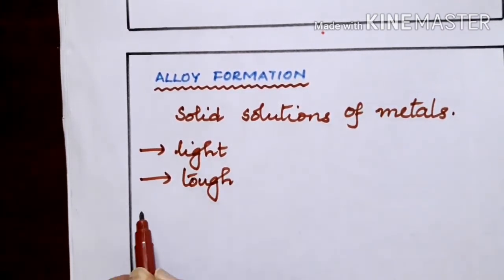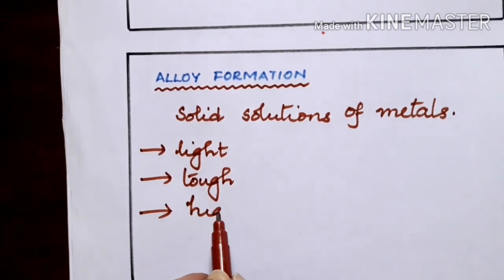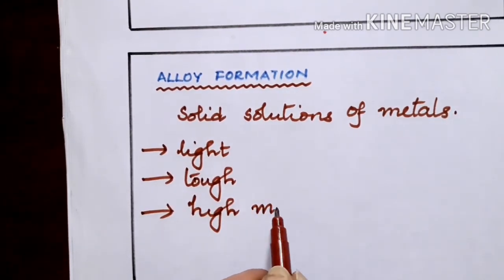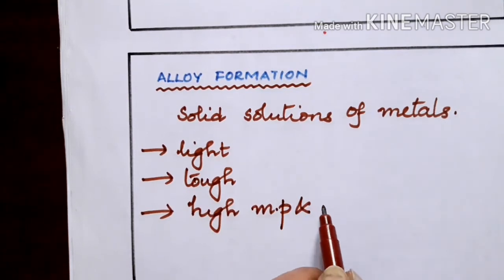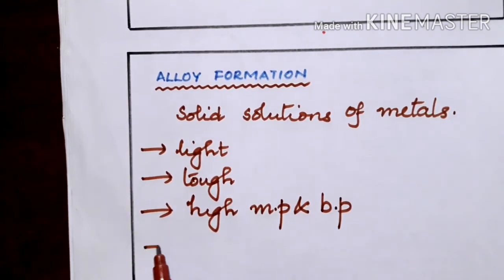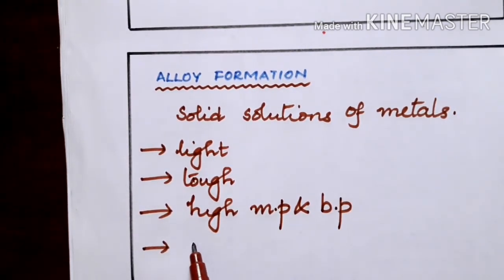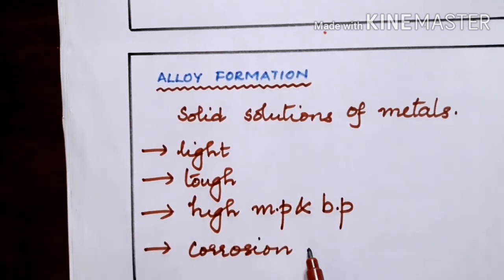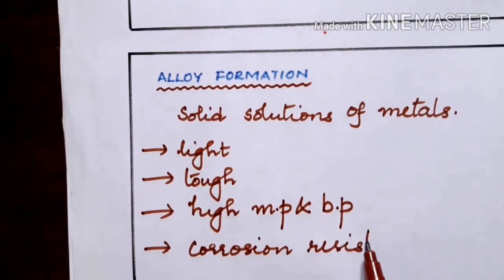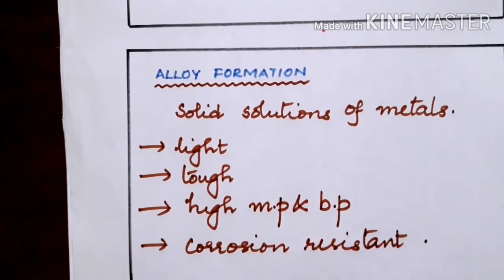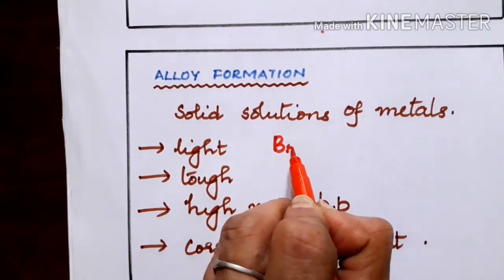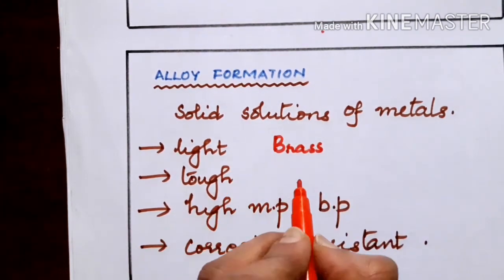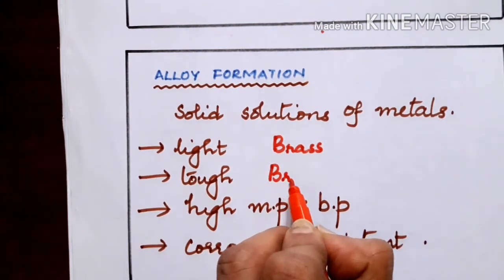They have high melting and boiling points compared to the pure metals, and they are corrosion resistant. The most important examples of alloys that we have are brass and bronze.